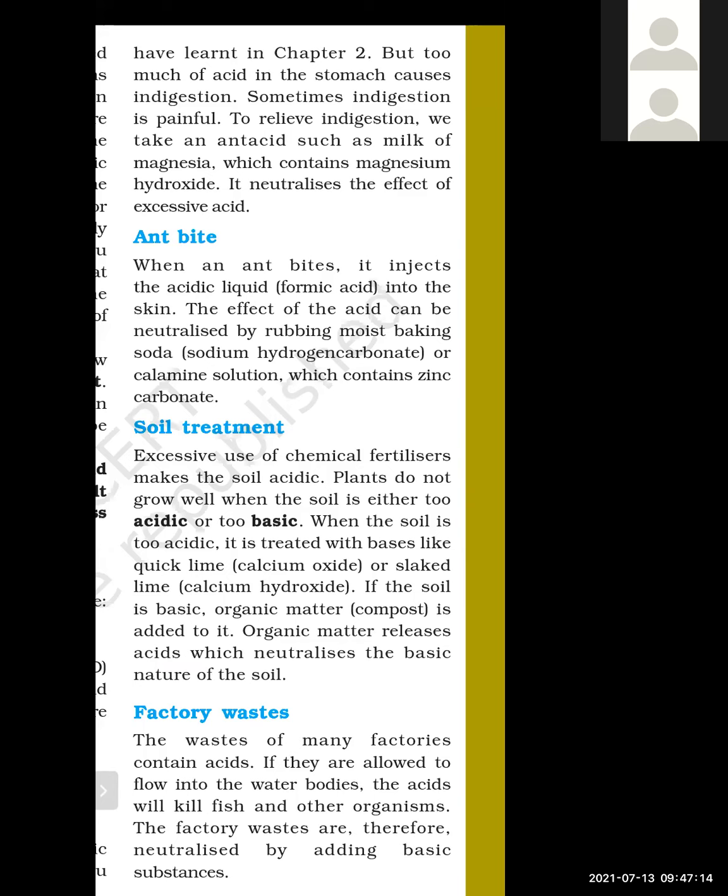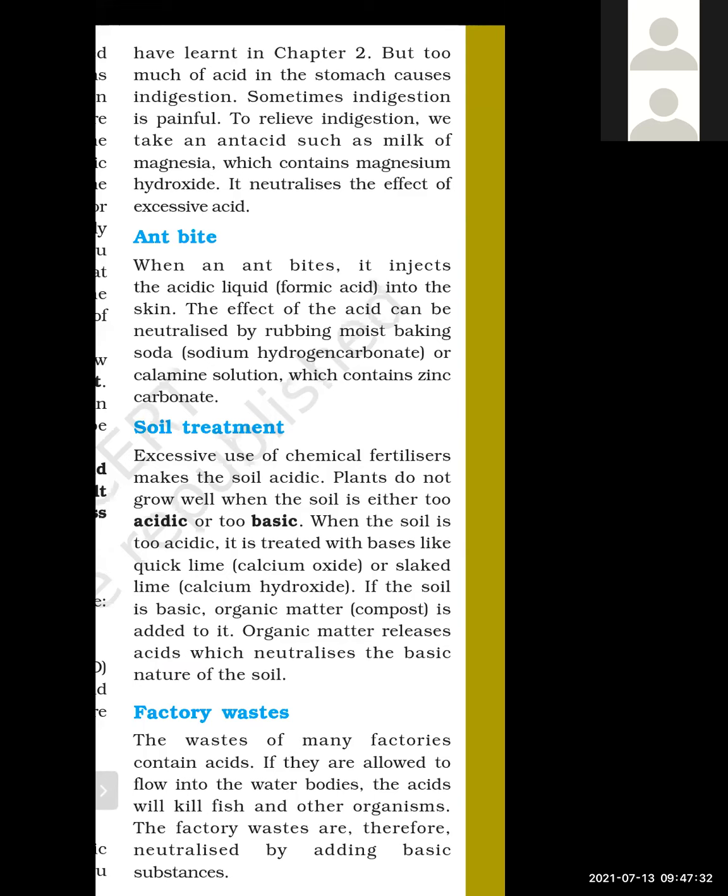Okay students, this is a very common problem. Many of us have faced this type of problem one or two times or many times in our life. When there is a small pain or small acidity, we use eno powder or some nimbu pani.